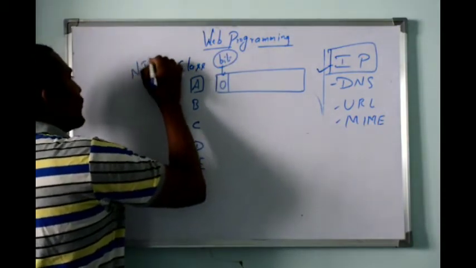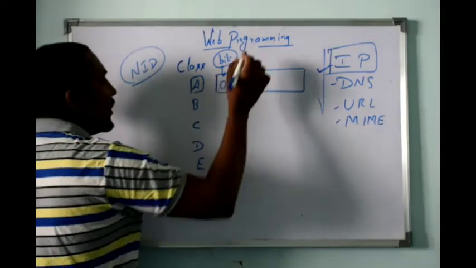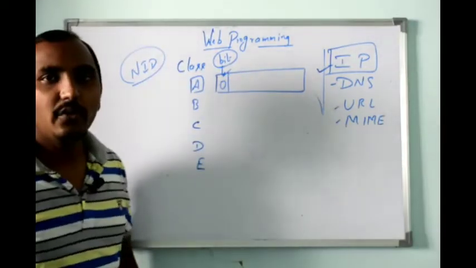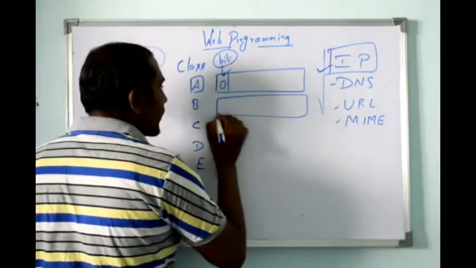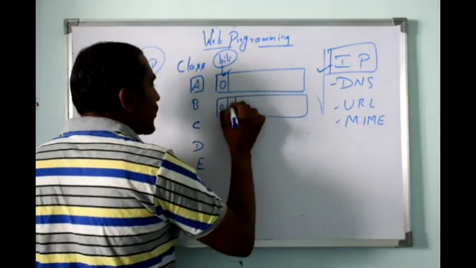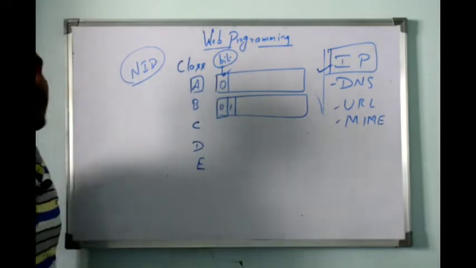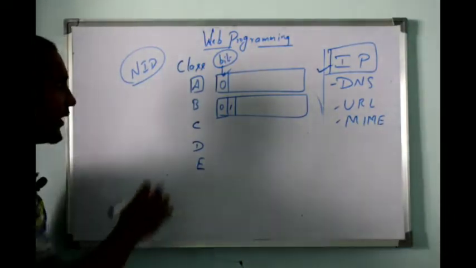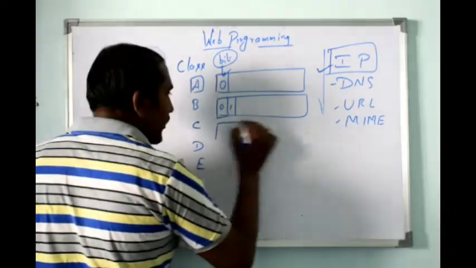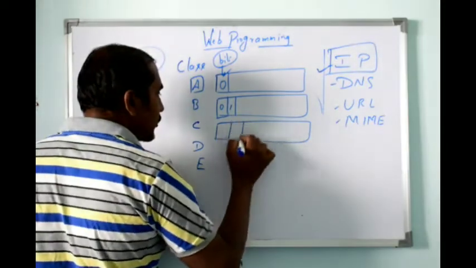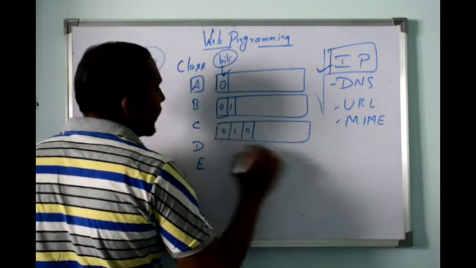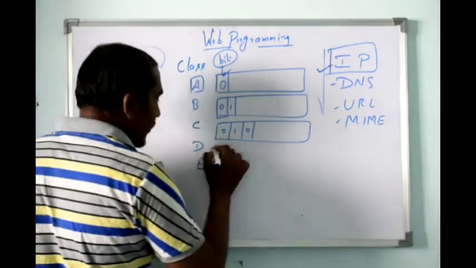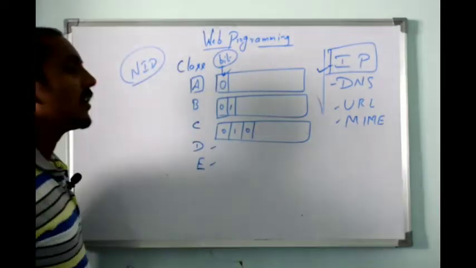So to represent network ID, we'll be using only 1 bit. For the second class, class B, the first 2 bits will be used for representing network ID. Similarly, in class C, we use the first 3 bits for representing network ID. Similarly, we also have class D as well as class E.